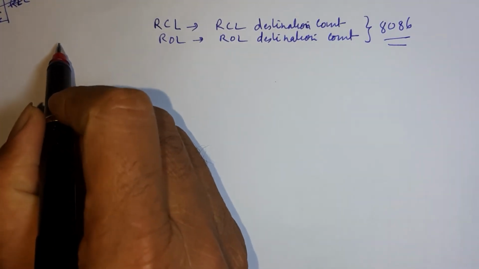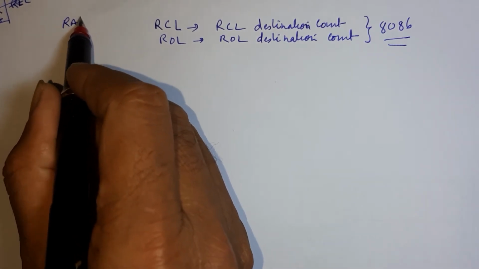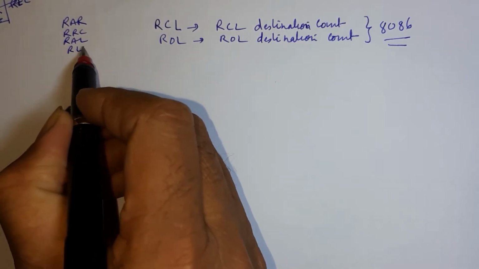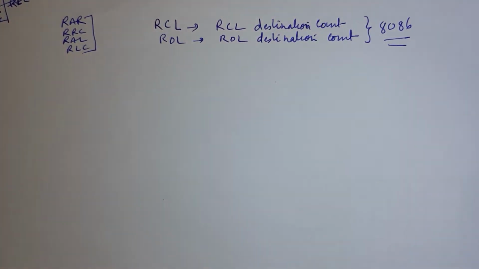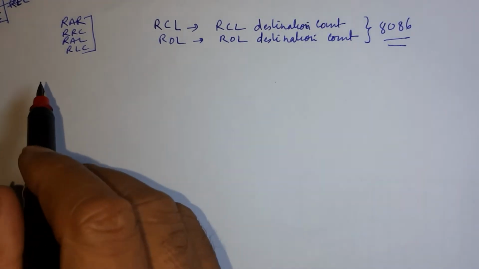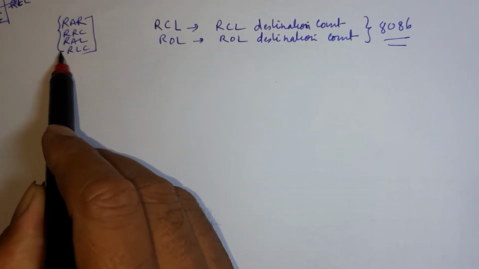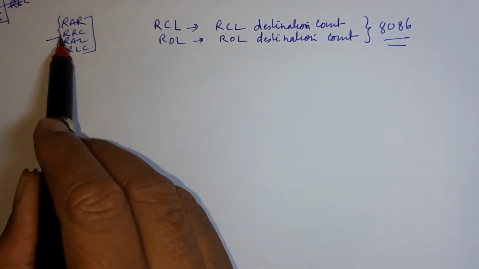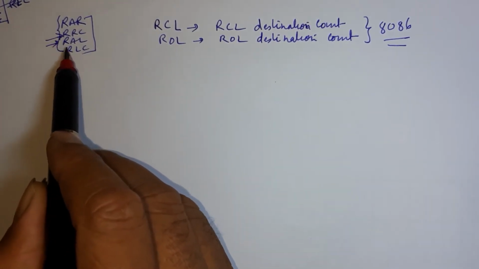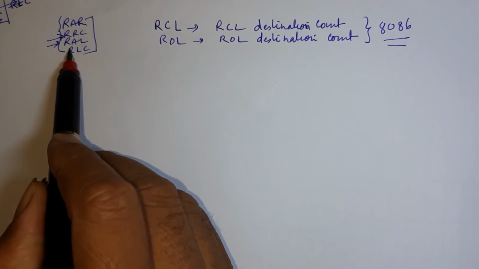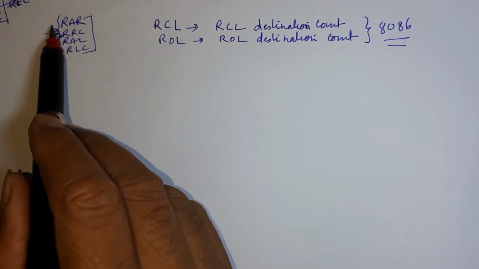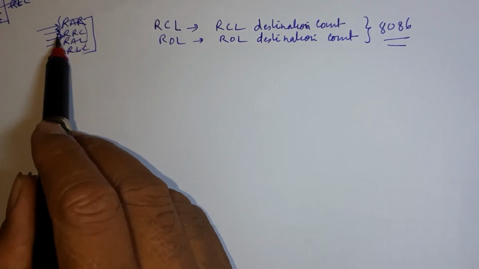I think you remember them: RAR, RRC, RAL and RLC. These are the four rotate instructions used in the 8085, and they work by default with the content of the accumulator. They are specific and fixed to the accumulator, so whatever number you want to rotate, you first have to store it in the accumulator, then you can apply the instruction.